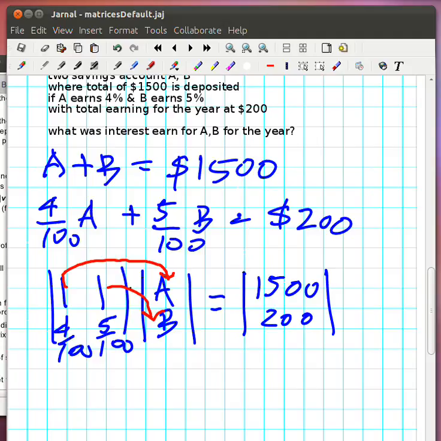Then we do the same down here, 4 over 100 times a, 5 over 100 times b equals $200. So basically, a matrix is another way of representing equations that we already know how to work with. But we'll go on to the next one, and we'll see the real significance of working with matrices.